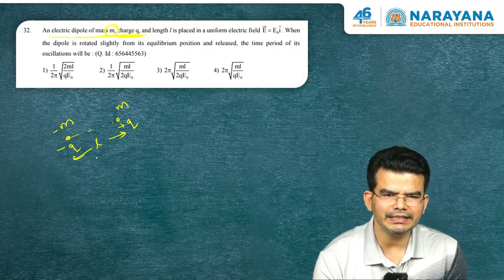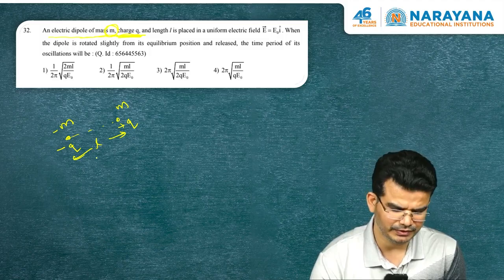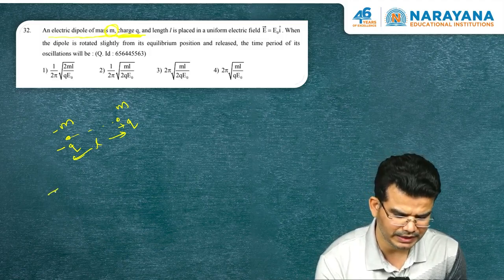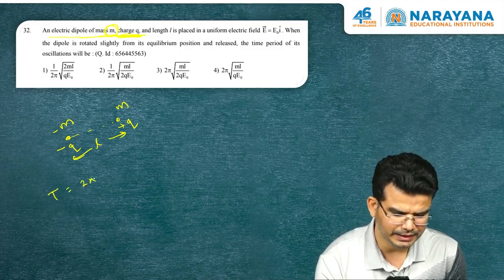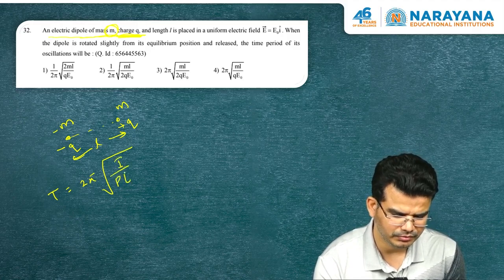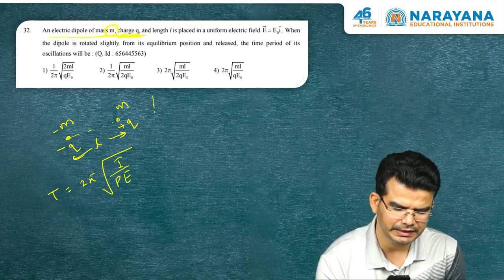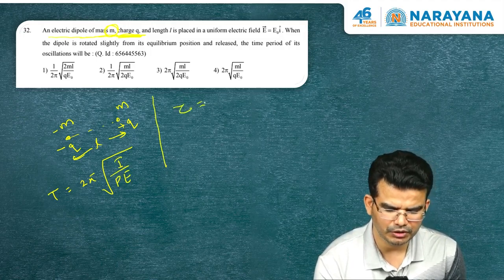Now, they are saying that it is placed in a uniform electric field. So, when it is placed in a uniform electric field, you know time period equals 2 pi root over I upon pE. How do we get this? This can be easily derived: torque equals minus pE sin theta, very basic.